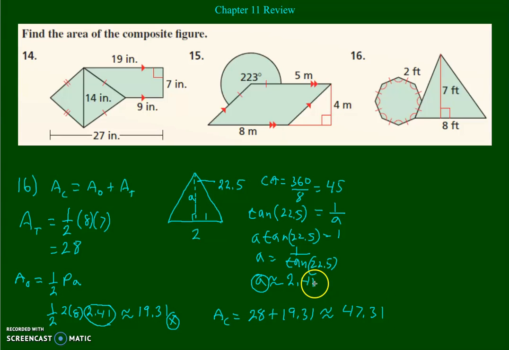To reiterate one more time, notice the organization of the work. It makes it nice and neat and easy to follow, and it makes it difficult to get lost because everything's organized and it's easy to trace where everything came from. So please consider the organization of your work as just as important as the actual calculations and the formulas. All right, let's move on to problem 17.